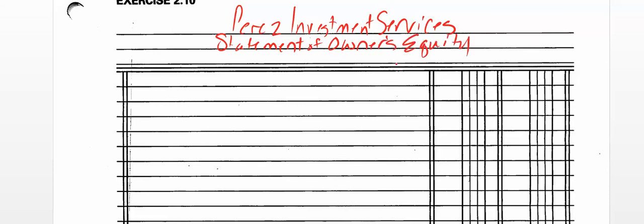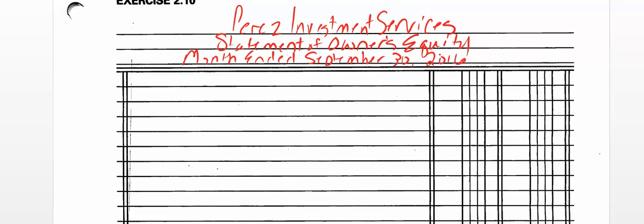And like our income statement, we're doing this for a period of time, and in this case, again, it's the month of September. So we write month ended September 30th, 2016.